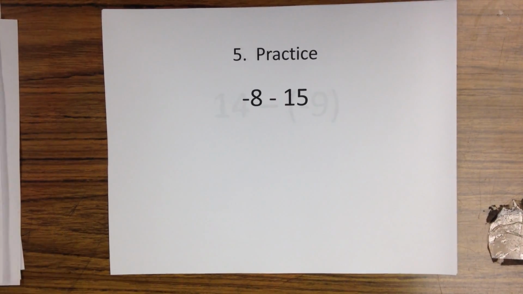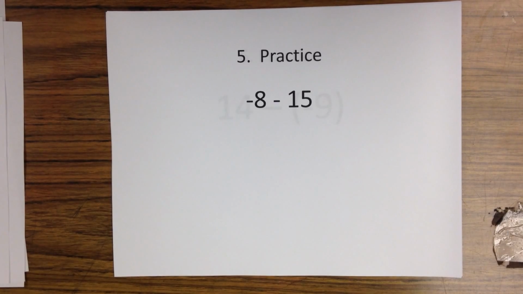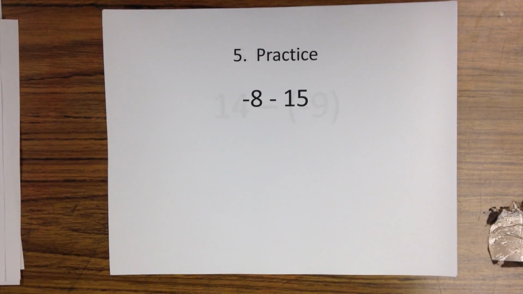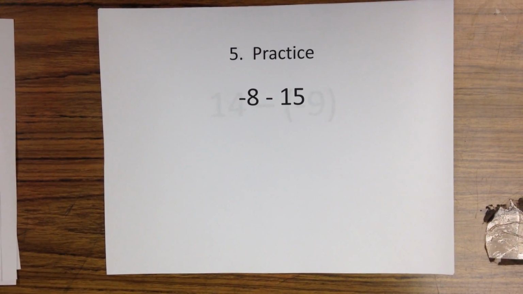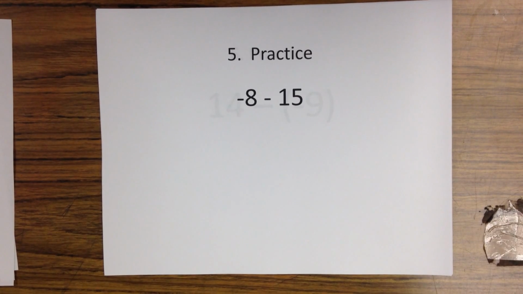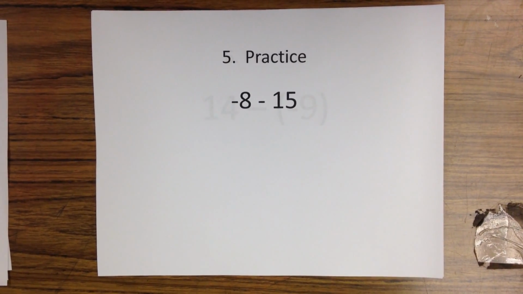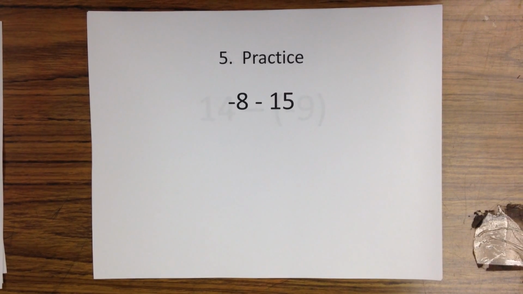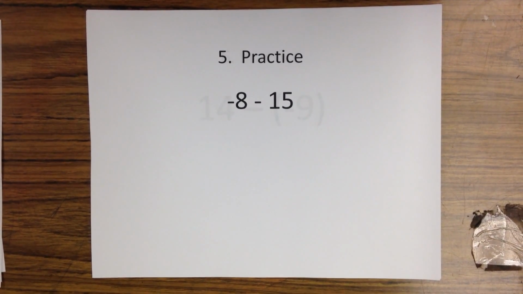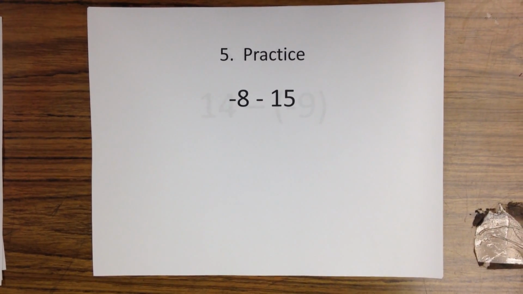Okay, you have a few that you are going to practice. We have -8 minus 15. All I want you to do is rewrite it as an addition problem and then solve it with the rules that you've already learned about adding integers. Write it as addition and solve it by adding.